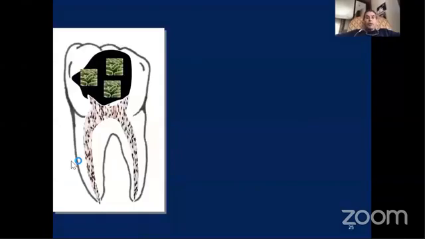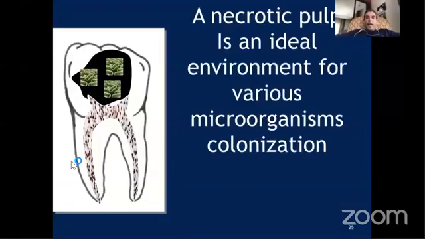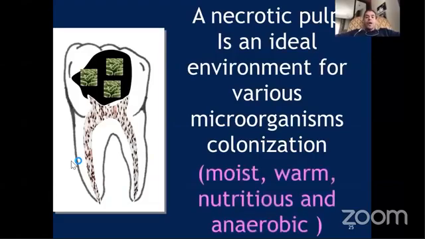Now the pulp is necrotic, and a necrotic pulp is an ideal environment for colonization by various microorganisms. Why? Because it is moist, warm, nutritious, and low in oxygen, or anaerobic. So this is an ideal condition for microorganisms to multiply and grow.